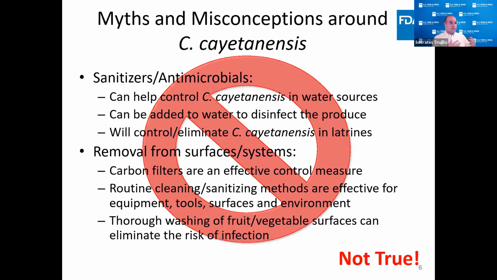And with the normal process we know of for washing fruits and vegetables, we don't have any information that it is going to reduce the presence of Cyclospora cayetanensis if it's present in fruits and vegetables. So again, as I told you earlier, prevention is the key. Identify that this organism may enter your production.